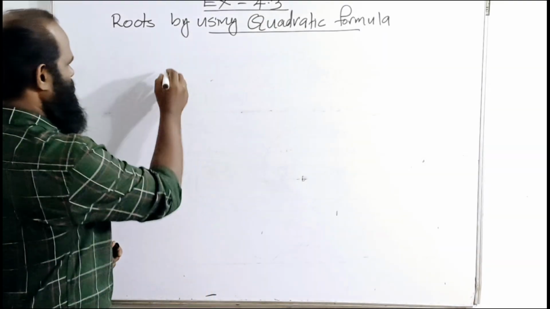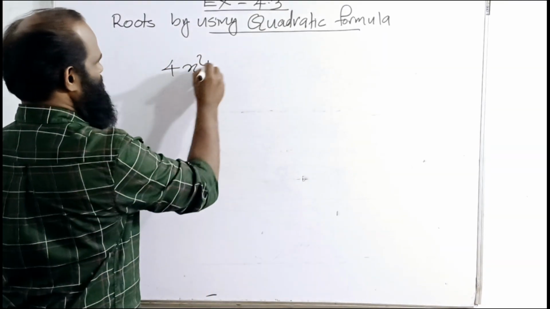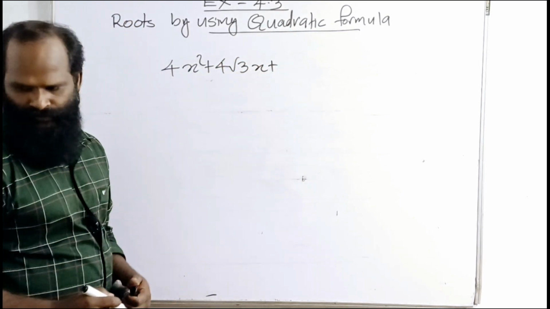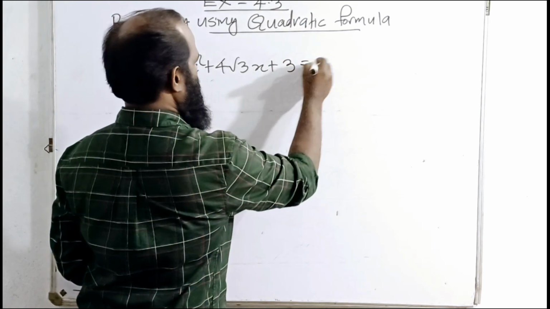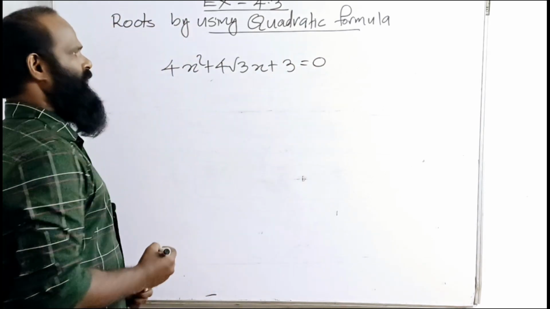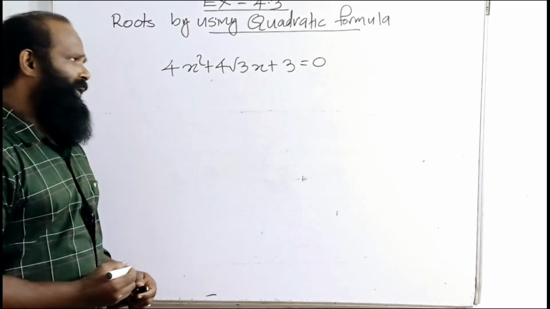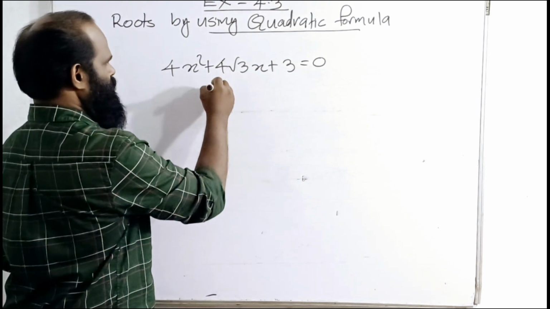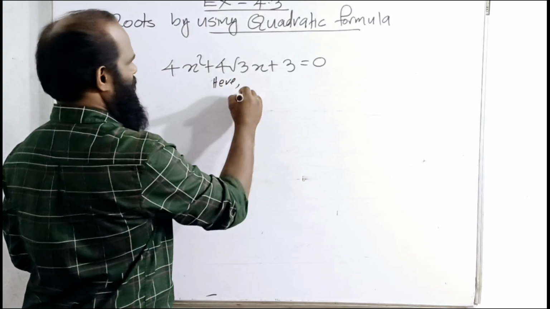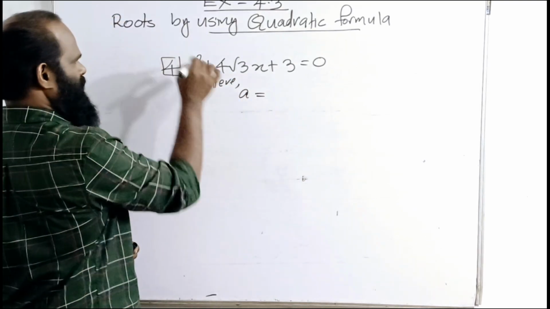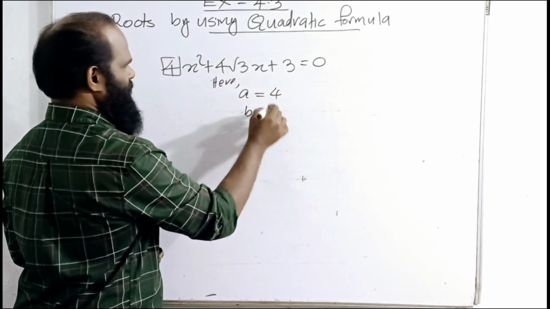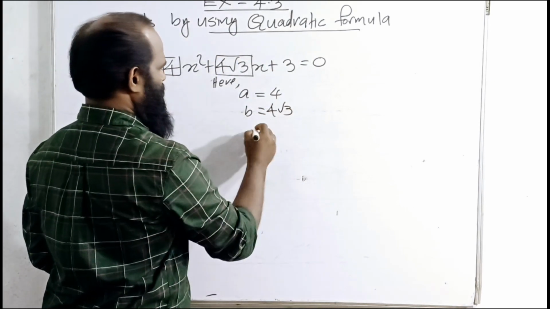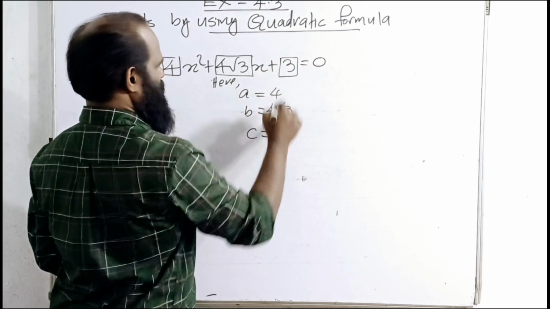Third question is 4x square plus 4 root 3 x plus 3 is equal to 0. Very simple. Here a is equal to 4, b is equal to 4 root 3, and c is equal to 3.